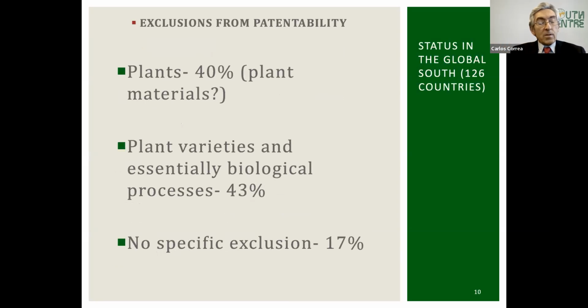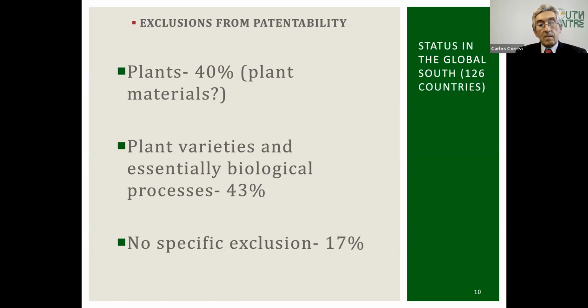Then, based on a previous study published by the South Centre in cooperation with Oxfam, a survey was made in order to understand the situation in terms of patentability for plants, plant materials and plant varieties in the Global South. This information is in connection with 126 countries.